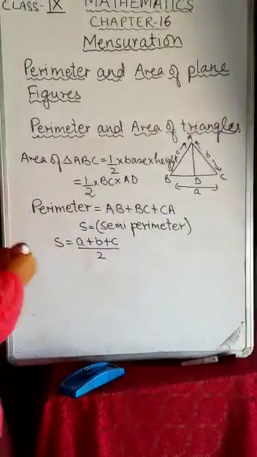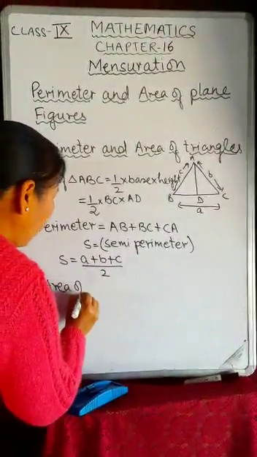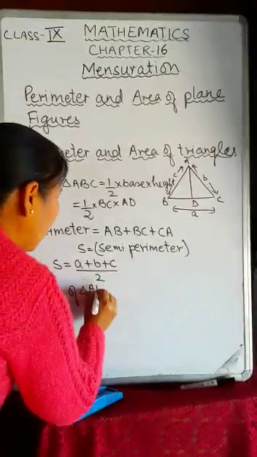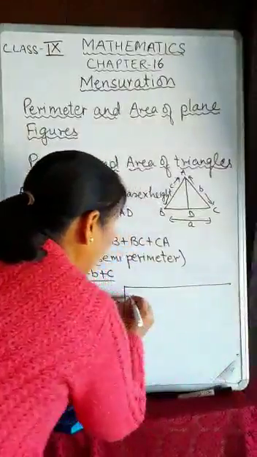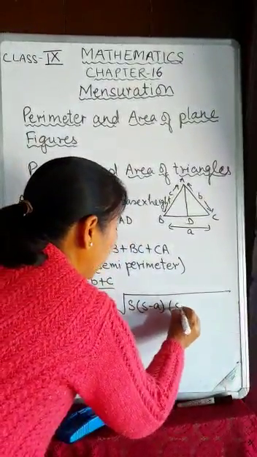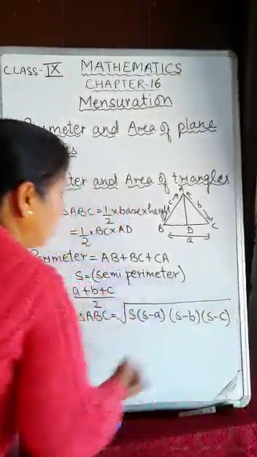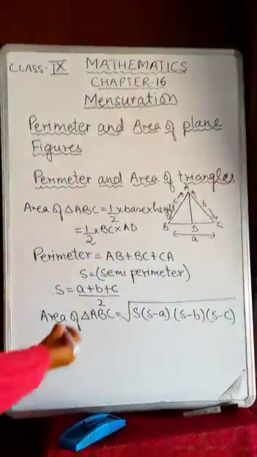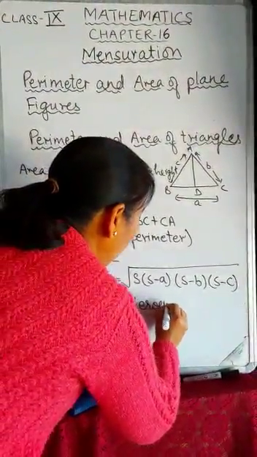We'll get S. And according to this, the area of triangle ABC is equal to the square root of S multiplied by (S minus a) multiplied by (S minus b) multiplied by (S minus c). This is the formula and this is also known as Heron's formula.